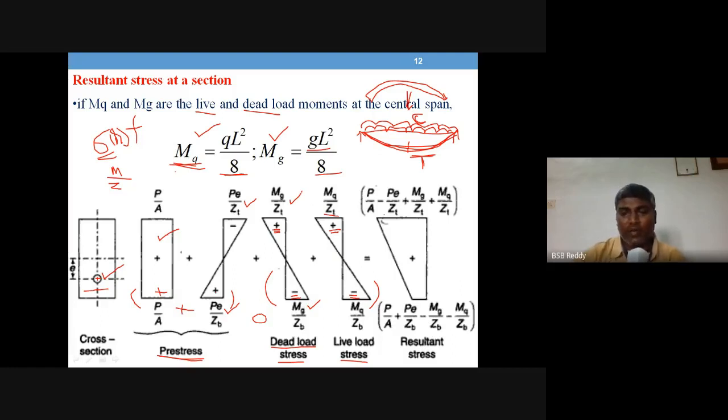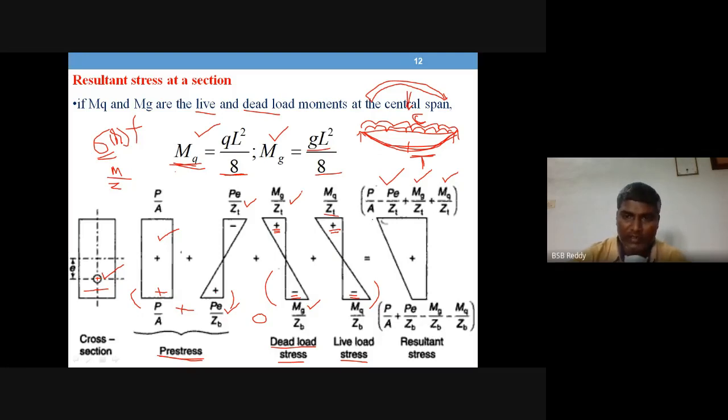And the final form of the stress at top is this one: P by A minus PE by Z top plus MG by ZT, the stress due to dead load, plus MQ by ZT, the stress due to live load. Okay, bottom, if you see, P by A plus PE by ZB minus MG by ZB minus MQ by ZB.